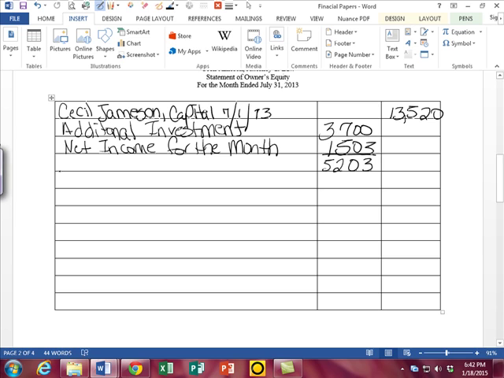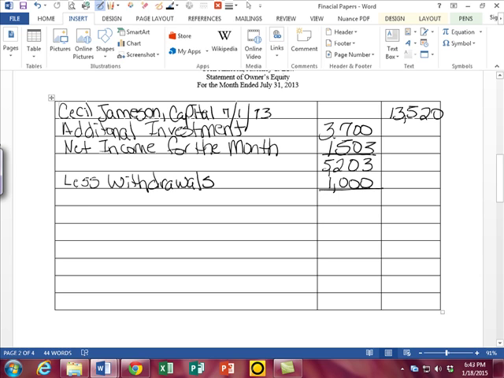Then we're going to take away the drawing. So we're going to do less withdrawals. In this case, it's $1,000, so we're going to put 1,000. And then we're going to draw another line because now we have another calculation to do. And this is where we're going to determine, was there an increase or decrease for this particular month with the investment, the income, and the drawing.